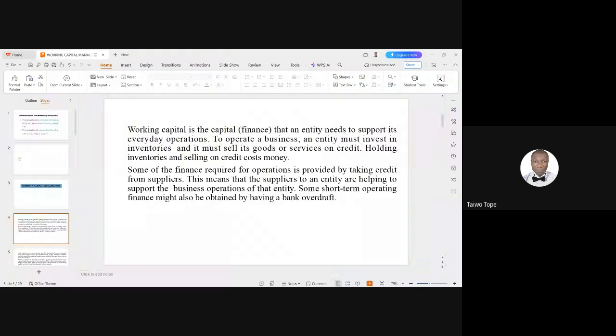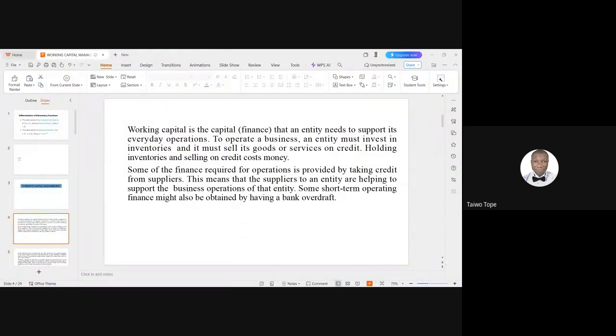And also, some organizations have different financial management styles. Some organizations are solely financed by equity. Some organizations are financed based on a mix of equity and debt. So the financial management style is very important. It determines their working capital and their capability to meet up and grow in the business.